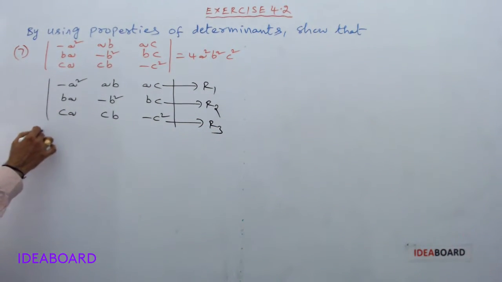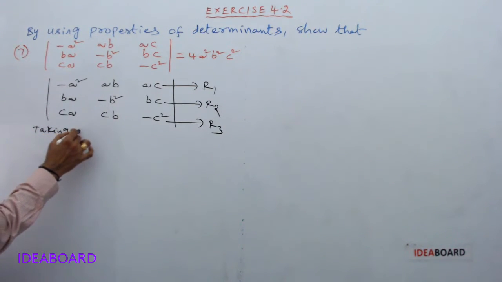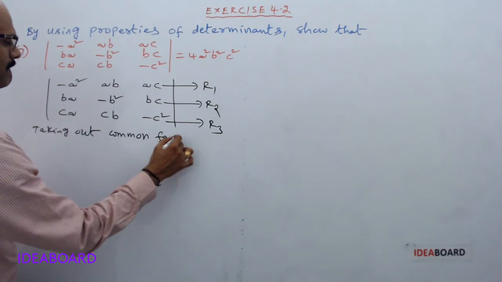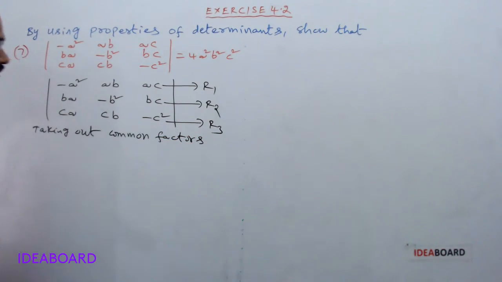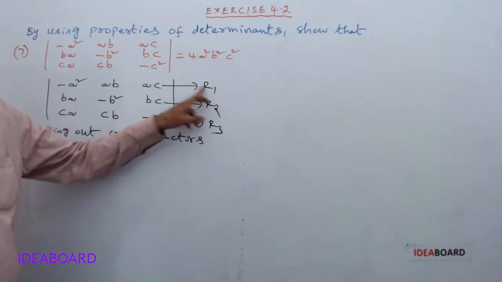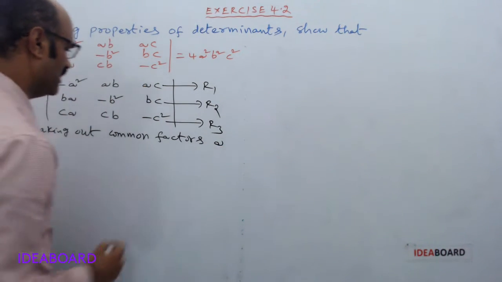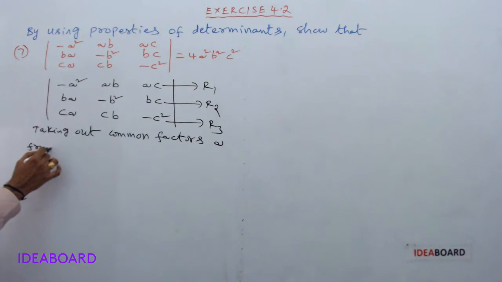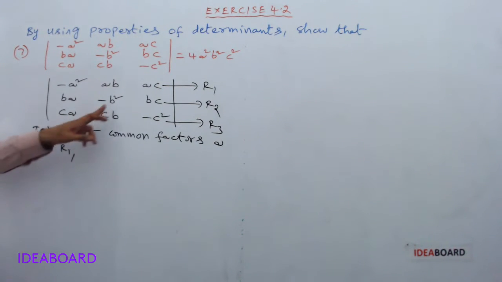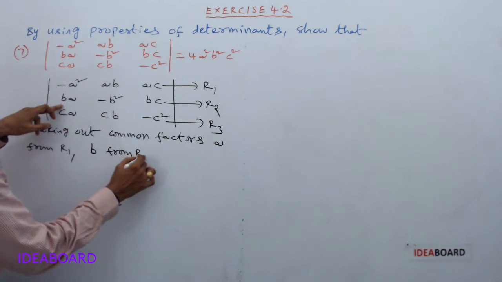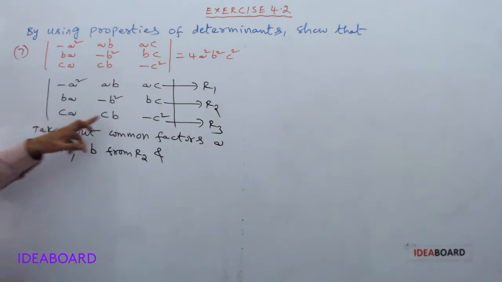Taking out common factors, we have a from R1, b from R2, and c from R3.